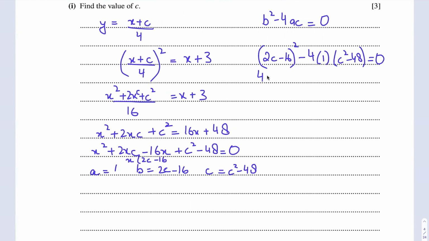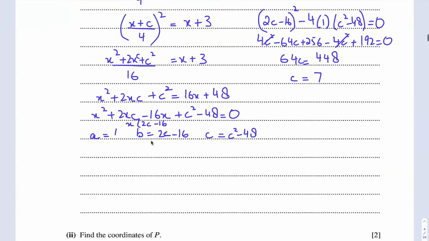Expanding this, we get 4c squared minus 64c plus 256 minus 4c squared plus 4 times 48 is 192 equals 0. 4c squared and 4c squared cancel out. So we have 64c is equal to 256 plus 192, which is 448. So c is equal to 448 upon 64, which is c equals 7.